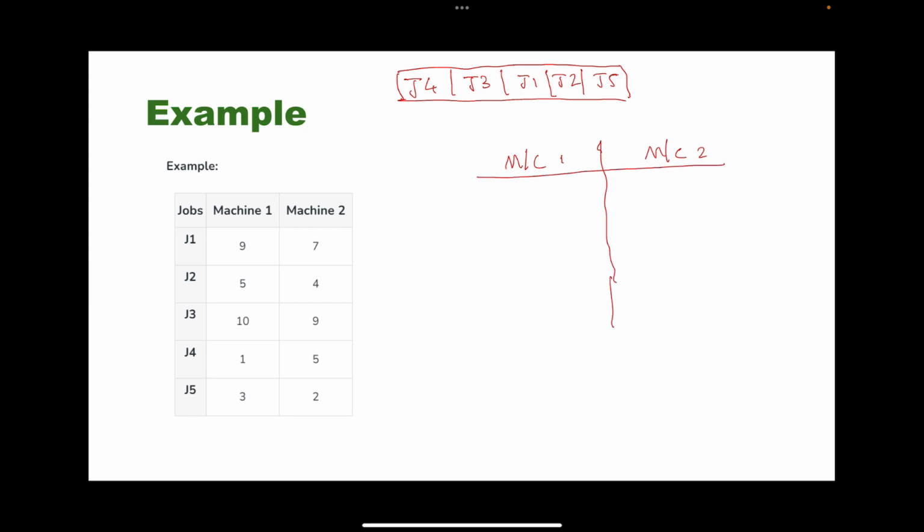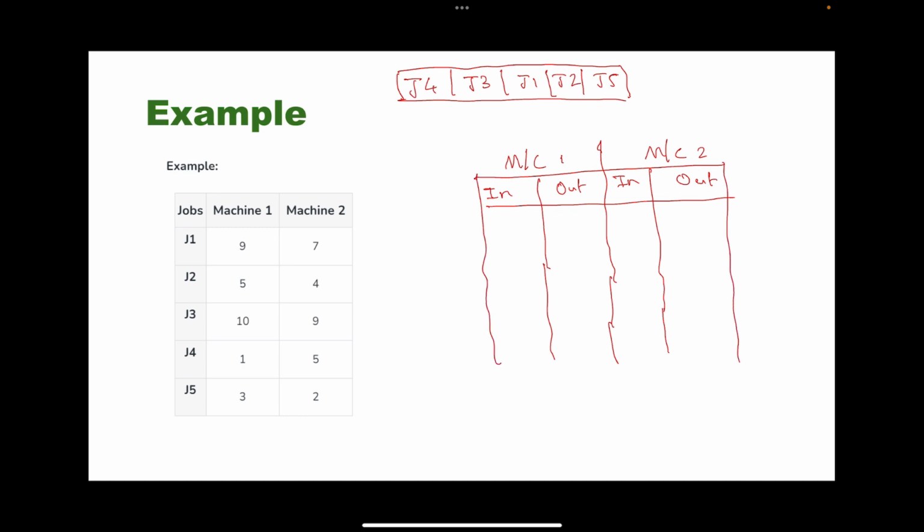Okay, you can see here we have in, out. So according to the sequence, we are processing job 4 first, then job 3, then job 1, job 2, job 5.